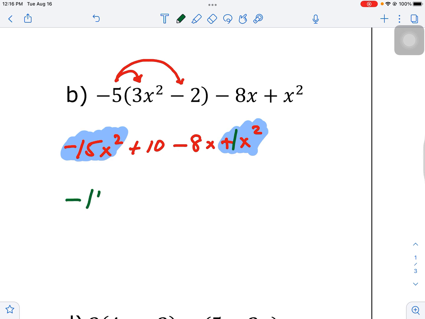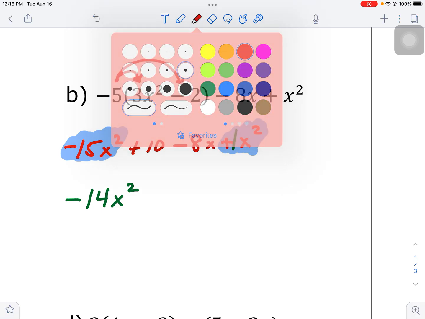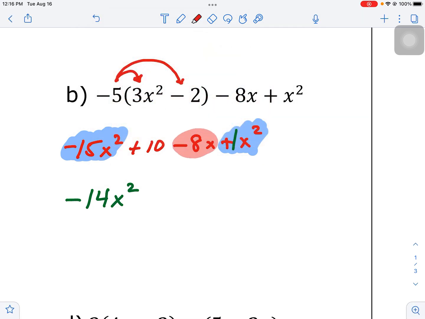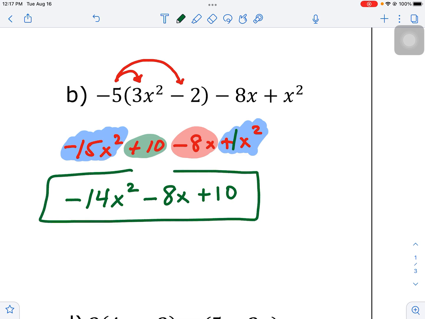So we get -14x squared. Now I see that here is just a single x by itself. There is no x with the 10, so I'm just going to bring it down. And then finally, we have the plus 10, so I bring it down, plus 10. There's no other numbers to combine with. Once again, we're in standard form with the highest exponent down to the lowest. So we have 2, 1, no x's at all.